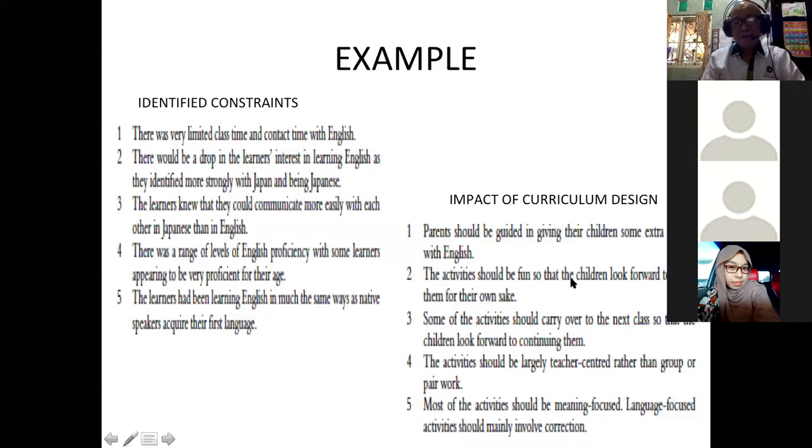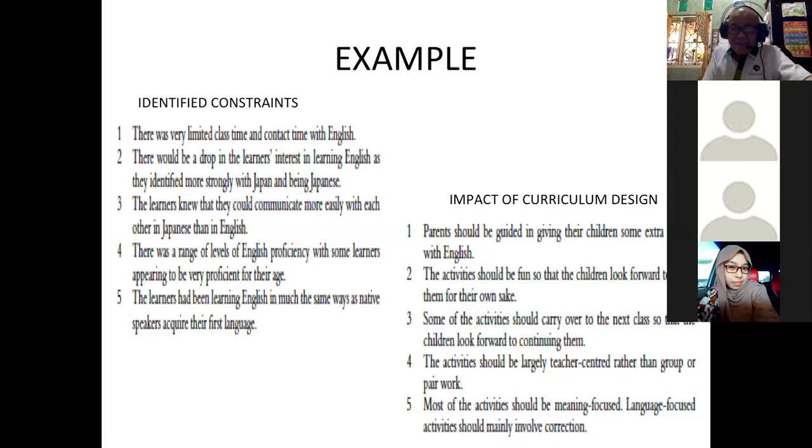Okay. Take a look at the right-hand side of the slide. If you take a look at constraint number 4, the students are likely to use their mother tongue or their native language, then maybe what you have to include in the curriculum is the activities that you design. The activities should be largely teacher-centered rather than pair work. Why?